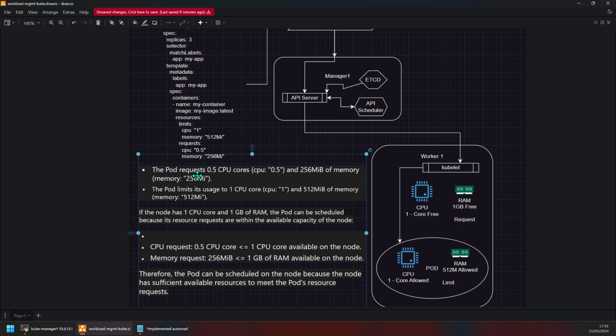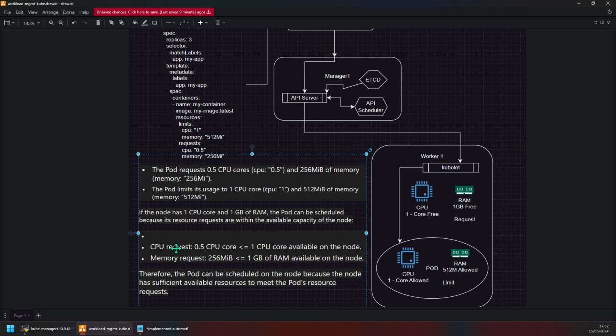Here, the pod requests 0.5 CPU cores and 256 MB of memory, and the pod limit says 1 CPU and 512 MB. If the node has one core CPU and 1 GB of RAM, the pod will be scheduled. There will be no issues.